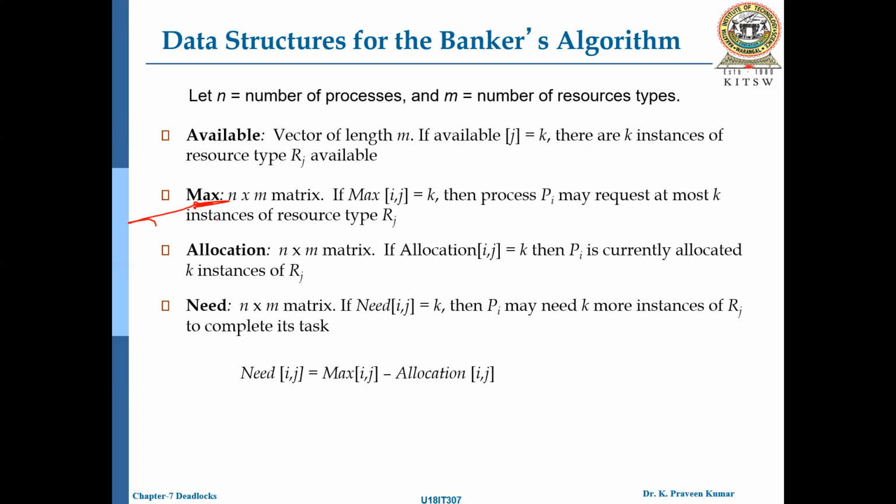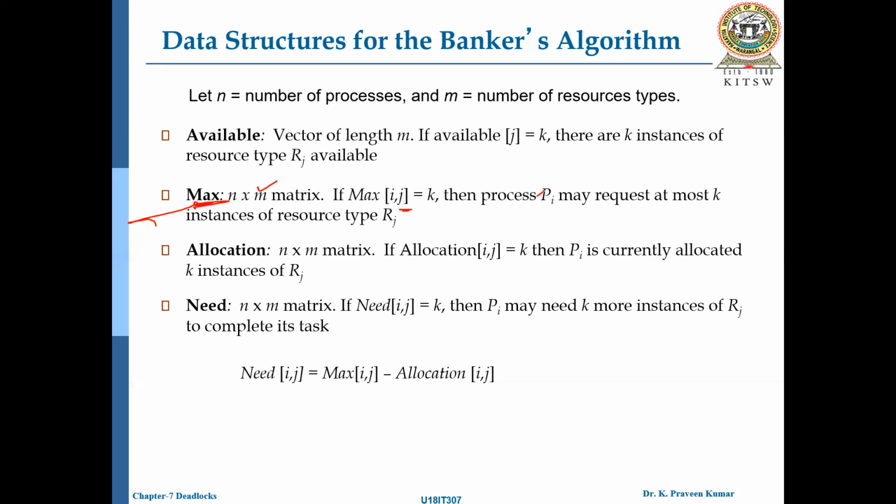Max is an n by m matrix that defines the maximum demand of each process. If Max[i][j] equals k, then process Pi may request at most k instances of resource type Rj. That is the max data structure.